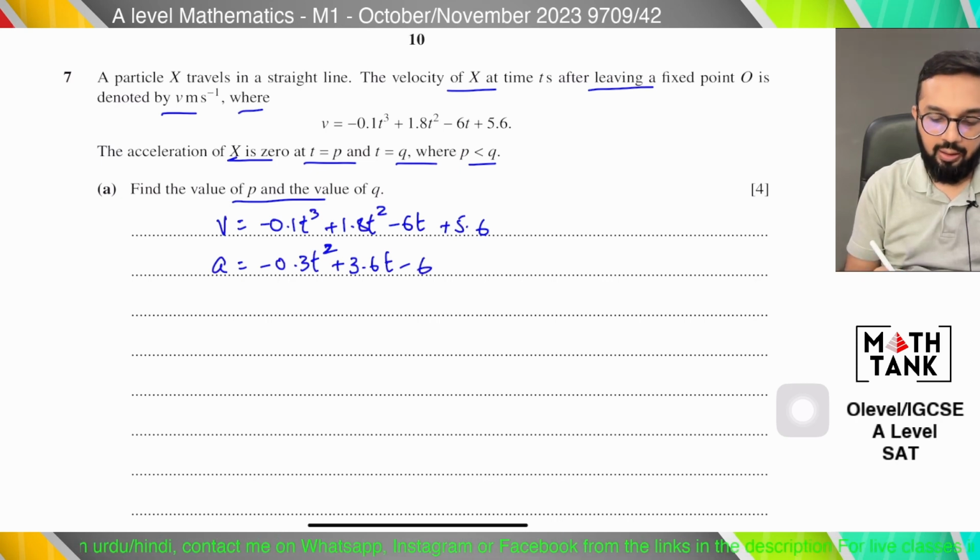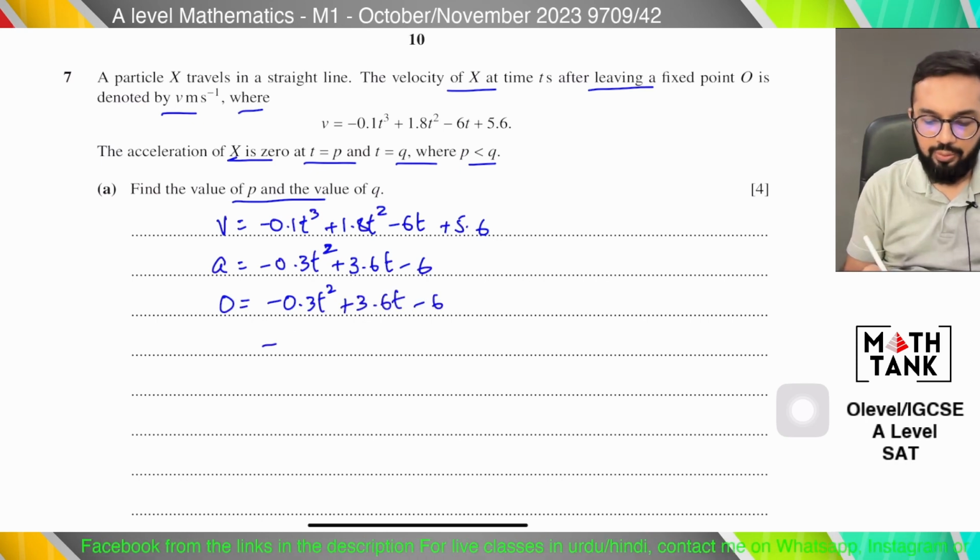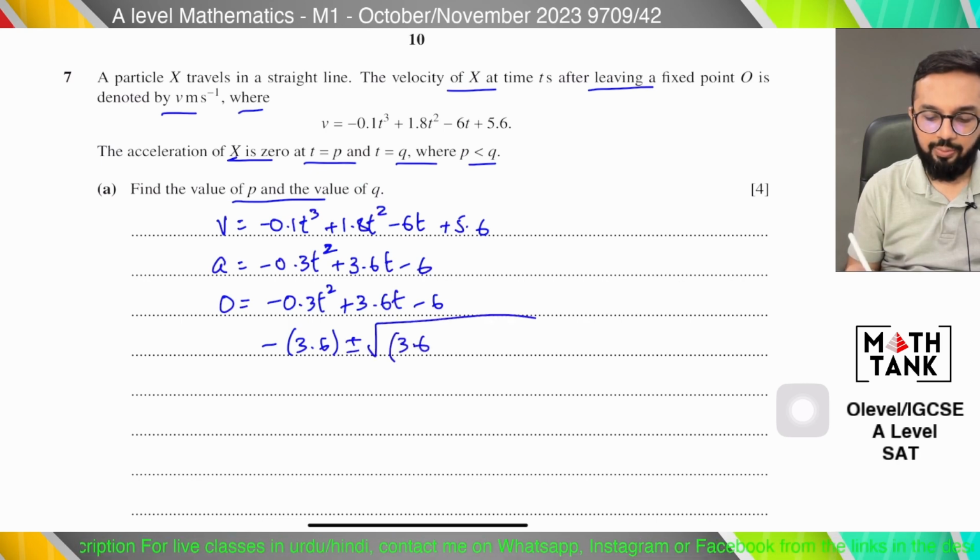The acceleration is 0 at these two points, so what I basically have to solve is a quadratic equation. I'm going to use the quadratic formula, minus b plus or minus the root of b squared minus 4ac, over 2a.